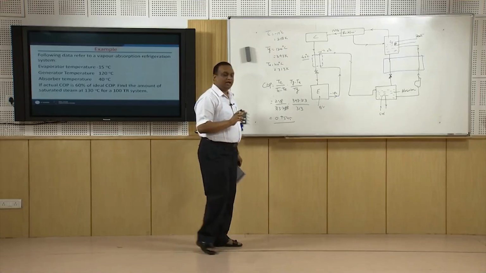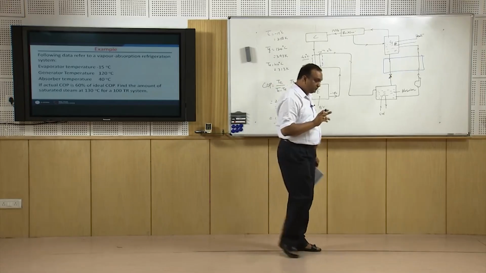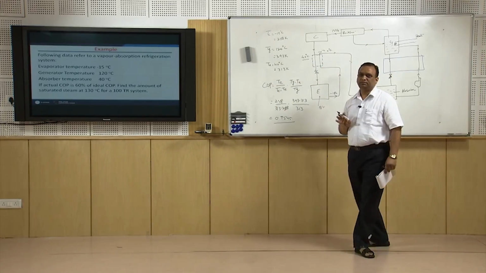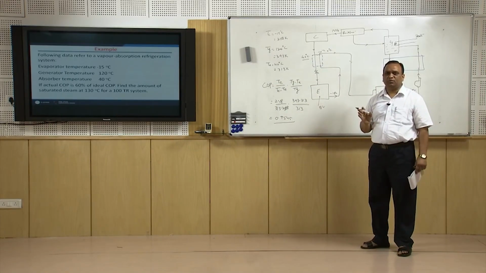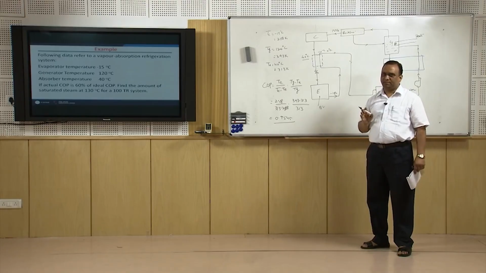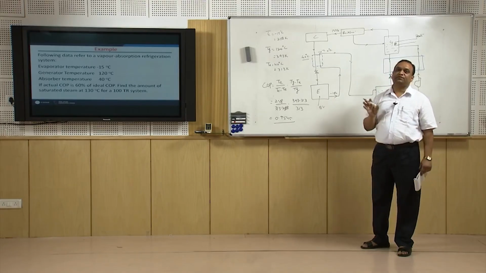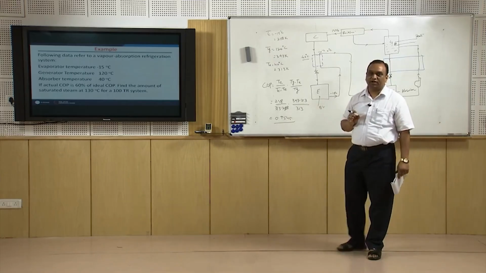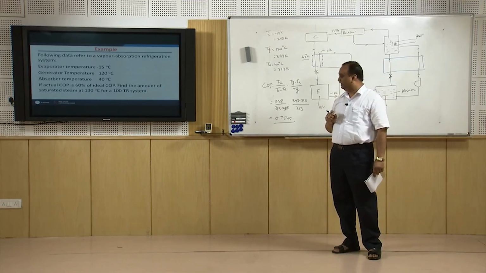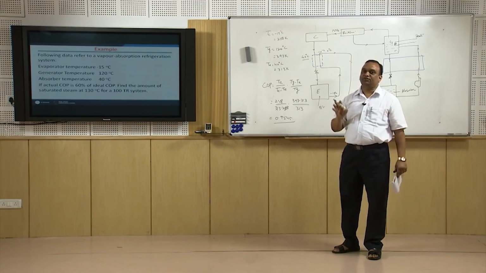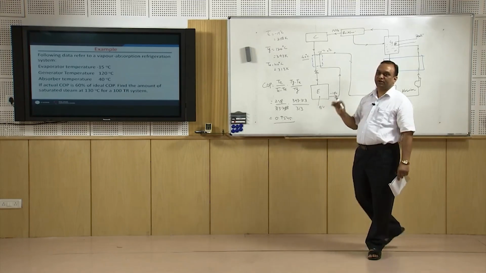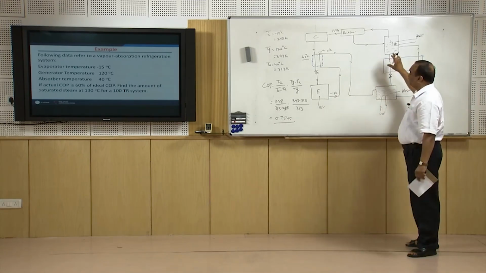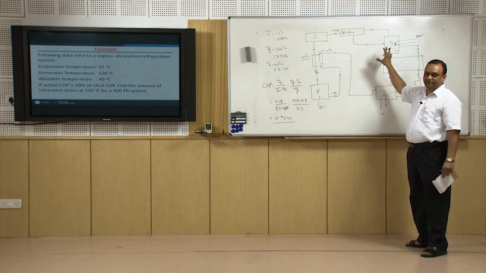The COP of an absorption system is close to 1; I mean 0.7, 0.8, 1 is very good. If you compare with the COP of the vapor compression system, the COP is 3.5 and goes up to 3.75. So, it does not mean that the COP of the absorption system is very low. In fact, in an absorption system we are using only heat.